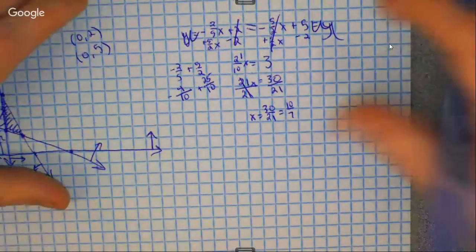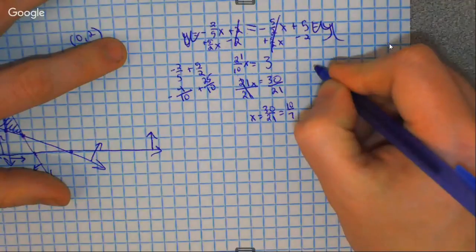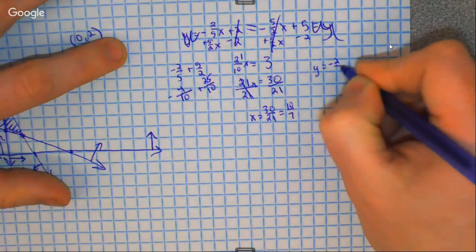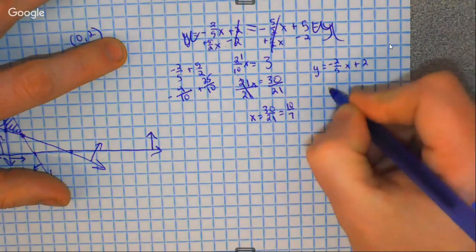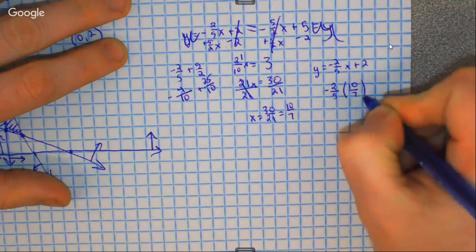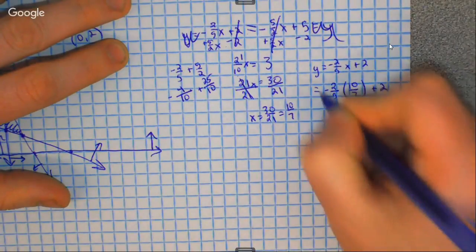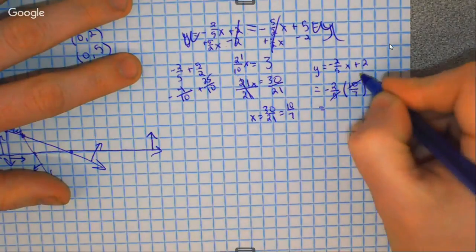Now to find y, we just plug that back into one of those equations. So we had y equals negative 2/5 x plus 2. So if I plug that in for x, it's negative 2/5 times 10 over 7 plus 2. So this 5 cancels with the 10 to make it 2.